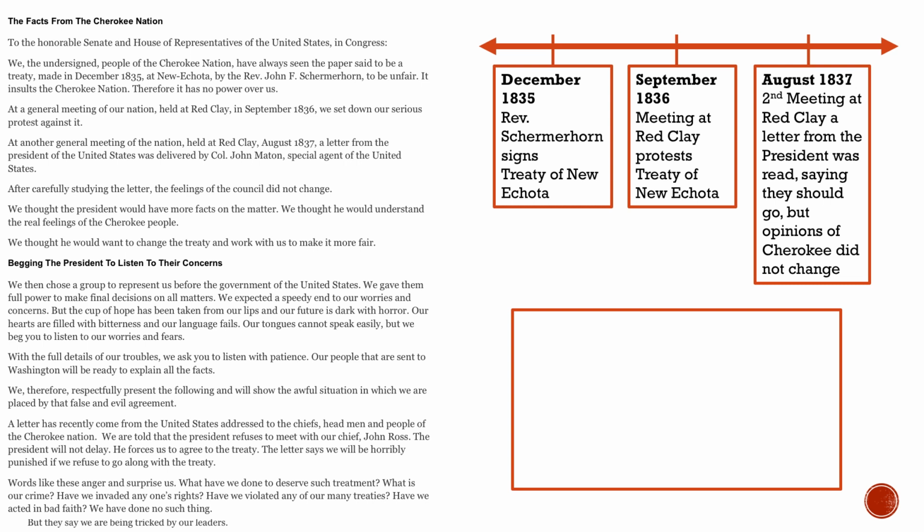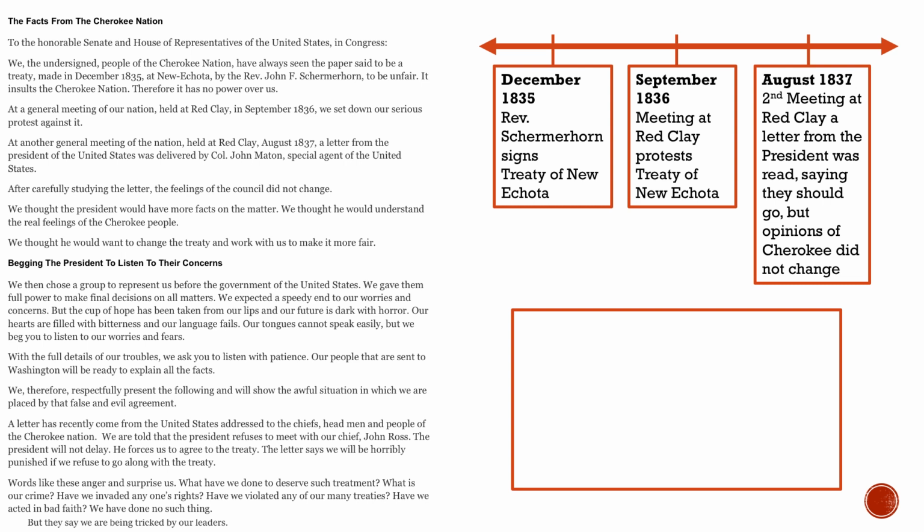We therefore respectfully present the following and will show the awful situation in which we are placed by that false and evil agreement. A letter has recently come from the United States addressed to the chiefs, headmen, and people of the Cherokee Nation. We are told that the president refuses to meet with our chief, John Ross. The president will not delay. He forces us to agree to the treaty.